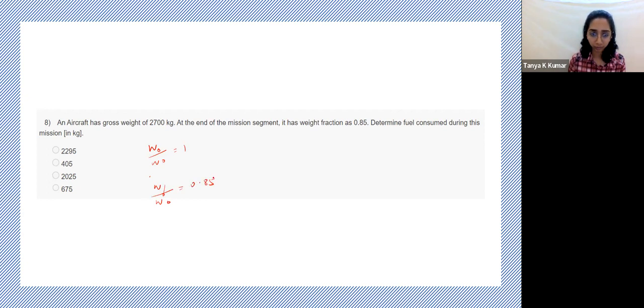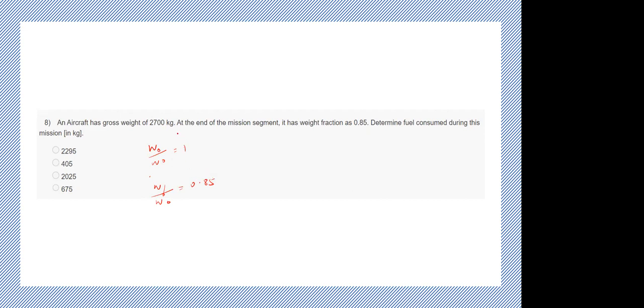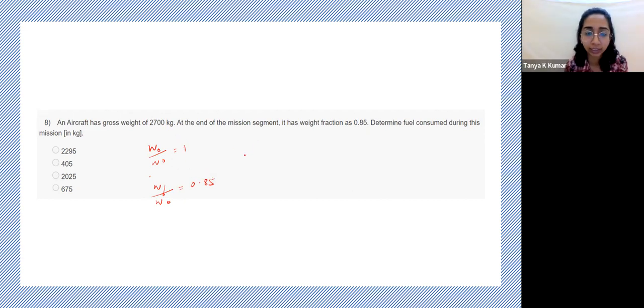Correct? Yes, ma'am. So what changed between these two weights? It's just the fuel consumed. So if I subtract, 1 minus weight final by weight initial gives you weight of the fuel consumed by initial weight. This is nothing but 1 minus 0.85.